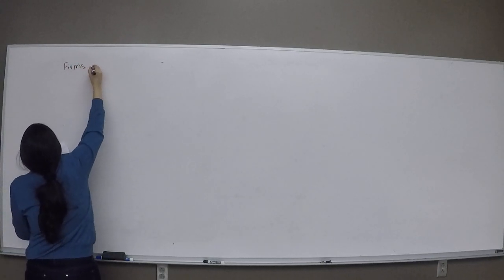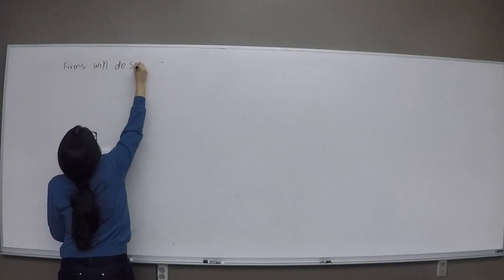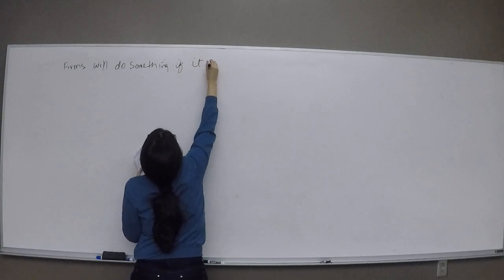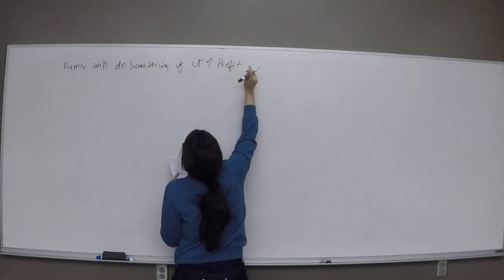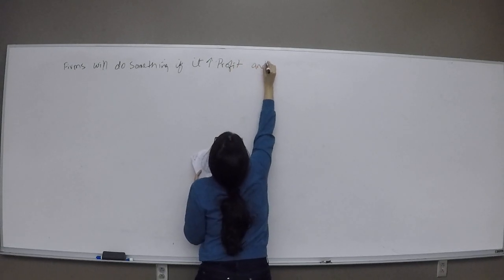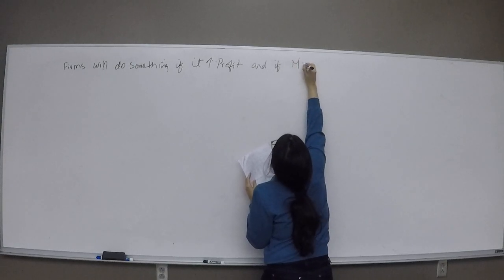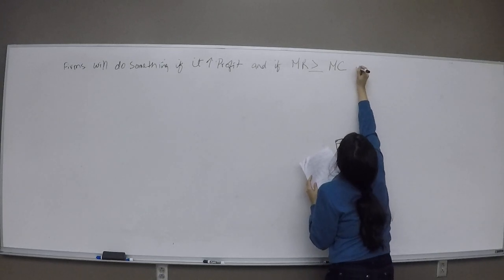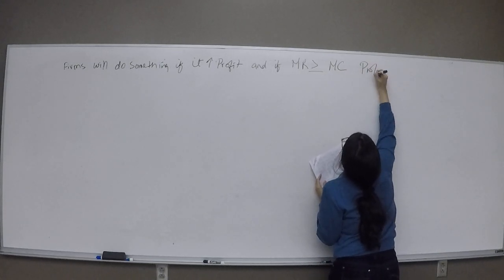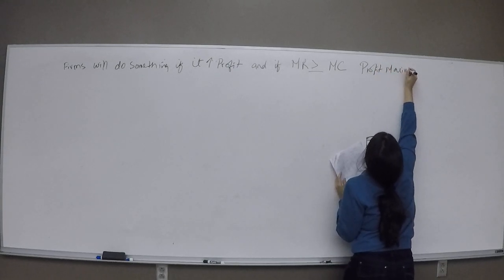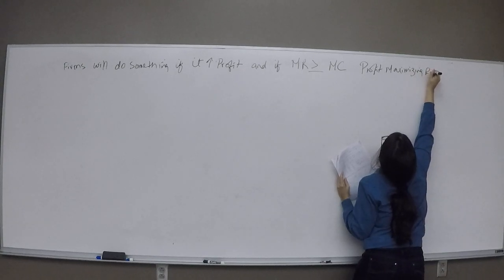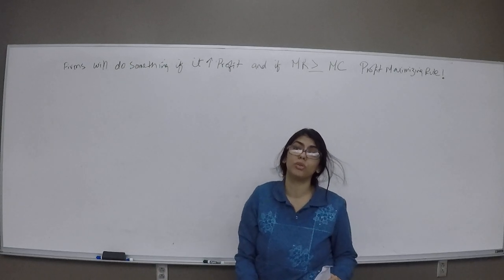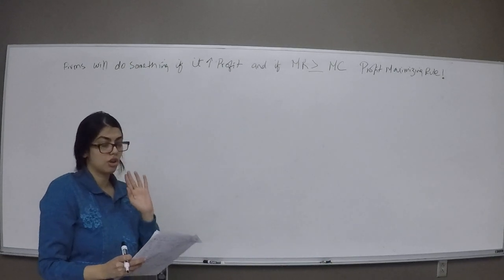So firms will do something if it increases profit. We all agree with that, right? And if marginal revenue is greater than or equal to marginal cost, this is the profit maximizing rule. Firms will only do something as long as marginal revenue is greater than or equal to marginal cost.